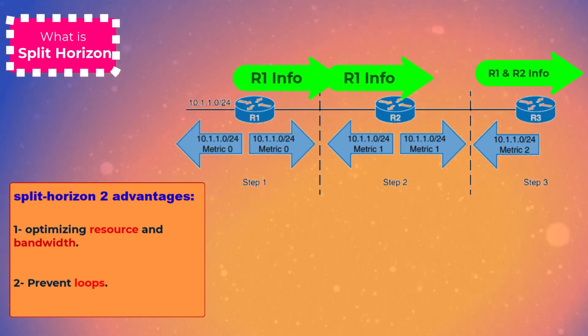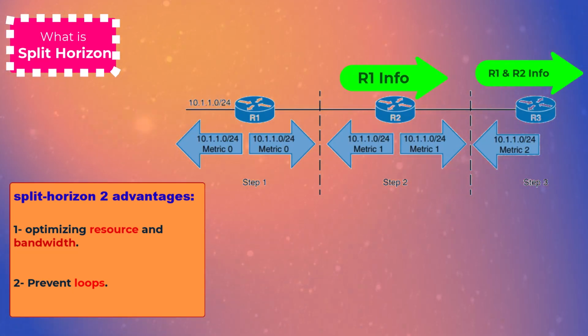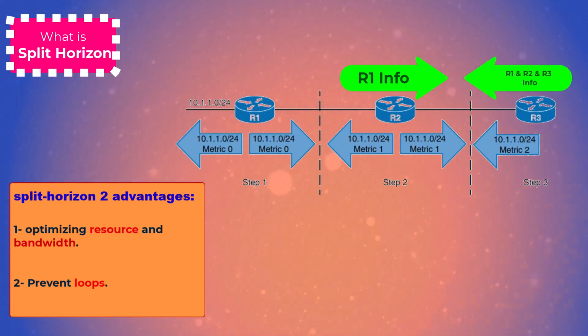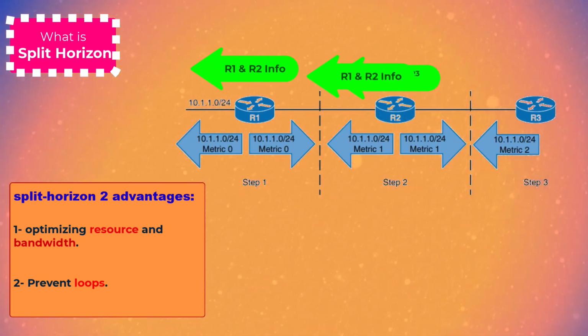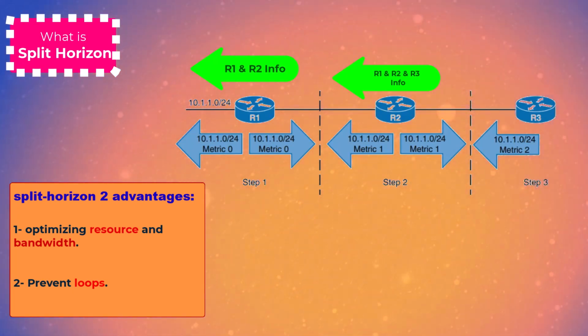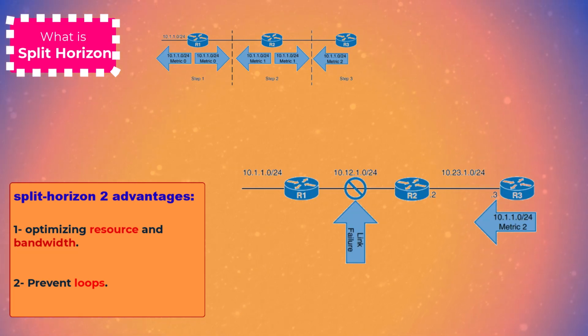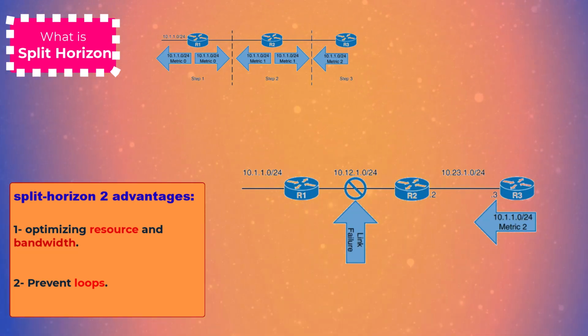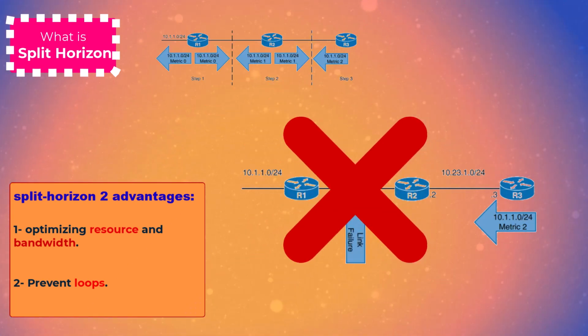This process repeats across all links in the topology over and over, which leads to unnecessary use of bandwidth and router resources. Situation number two: split horizon prevents loops in your topology. Imagine the link between router 1 and router 2 goes down.